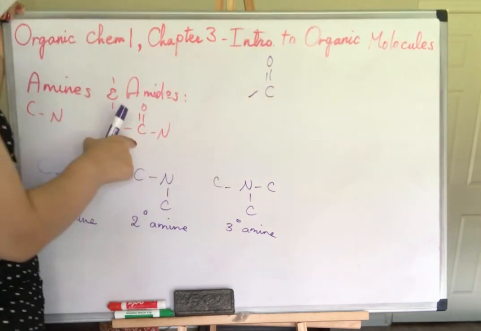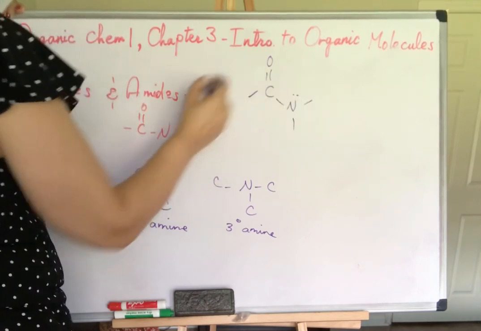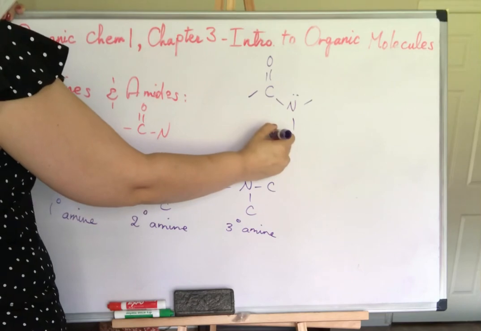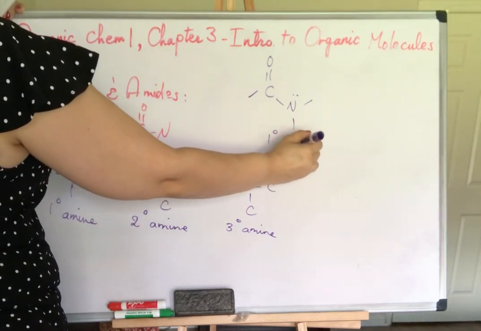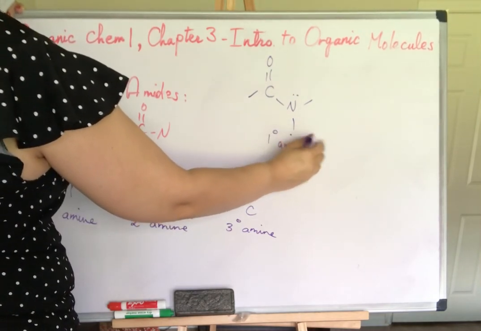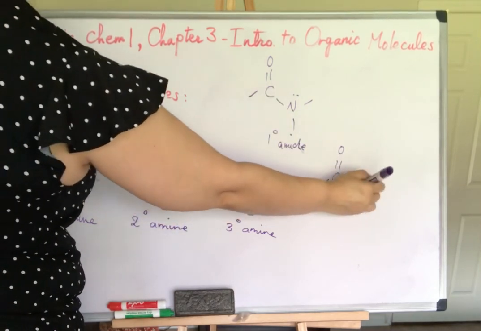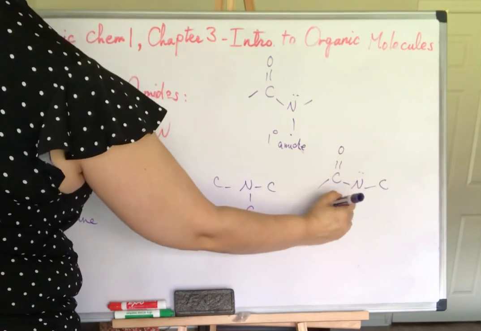Same thing for amides. We said amides are a combination of carbonyl and nitrogen. So when nitrogen is connected to one carbon, it's called a primary amide. When nitrogen is connected to two carbons, besides the carbonyl being connected to one more carbon, it's called a secondary amide.